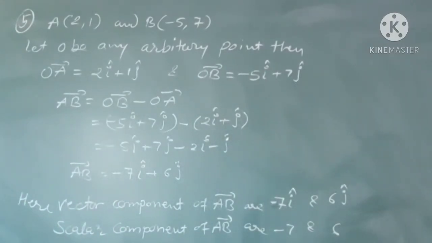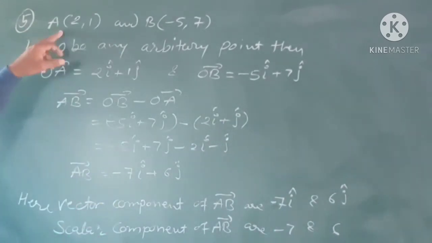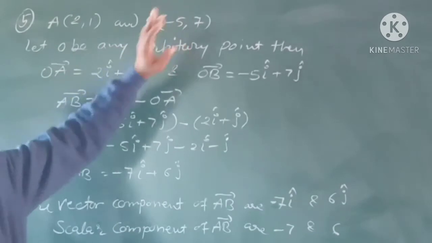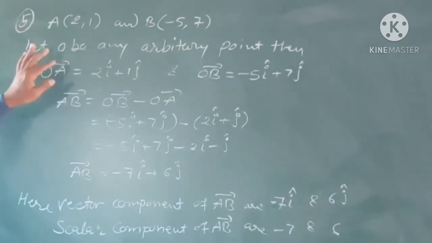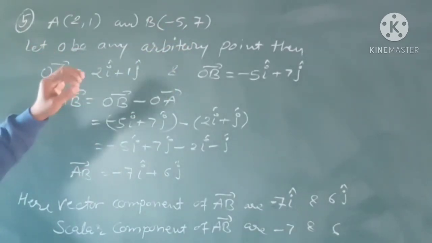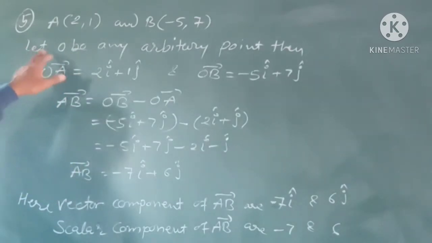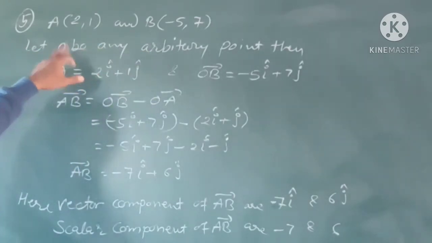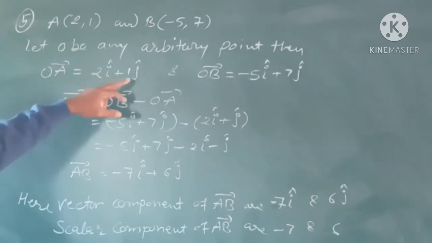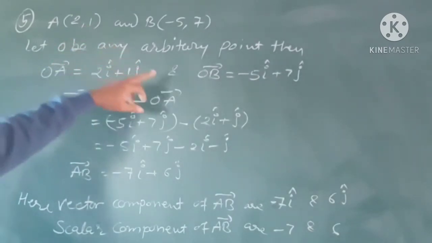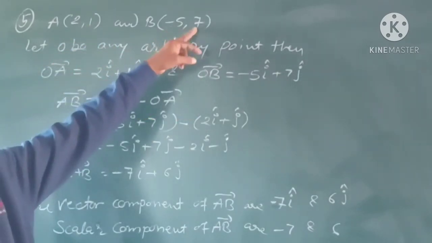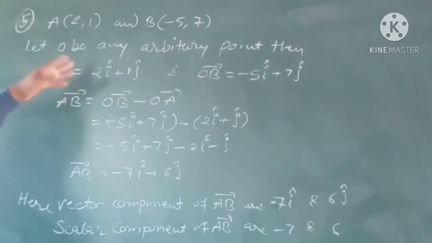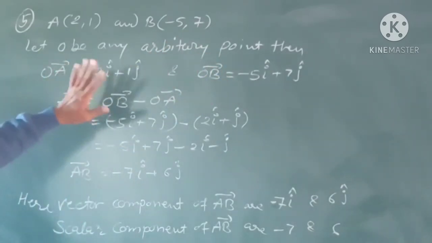Find the scalar and vector components of the vector with initial point 2, 1 and terminal point minus 5, 7. So here let point A be 2, 1 and point B be minus 5, 7. Let O be any arbitrary point, arbitrary means its origin can be anywhere. Then with respect to this point O, vector OA is 2i plus 1j, and vector OB is minus 5i plus 7j. Because it is 2 dimension, there is only i cap and j cap.